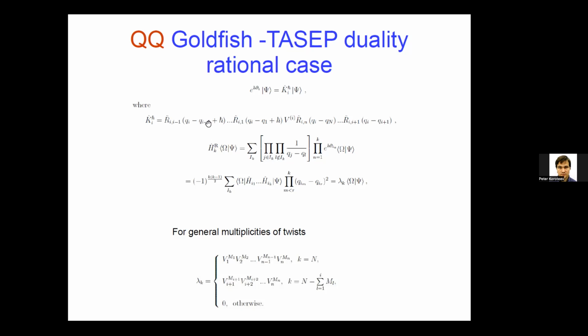These are sets of operators. This is a difference operator acting on the corresponding variables. h is the Planck constant, and R is the R matrix which I have discussed before. And also there are parameters of the corresponding twists.